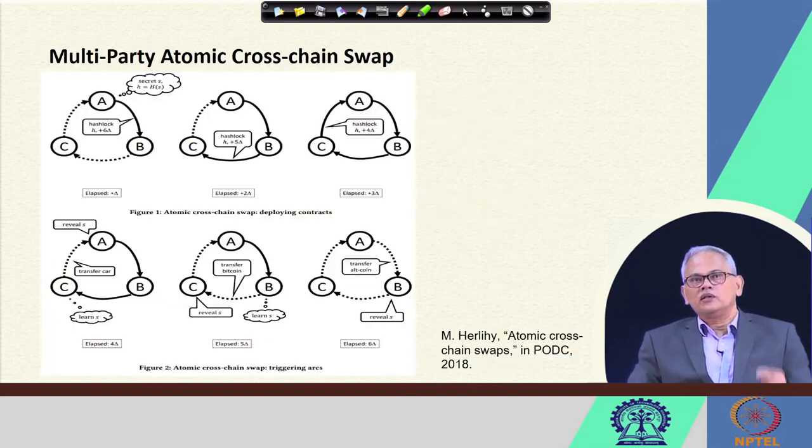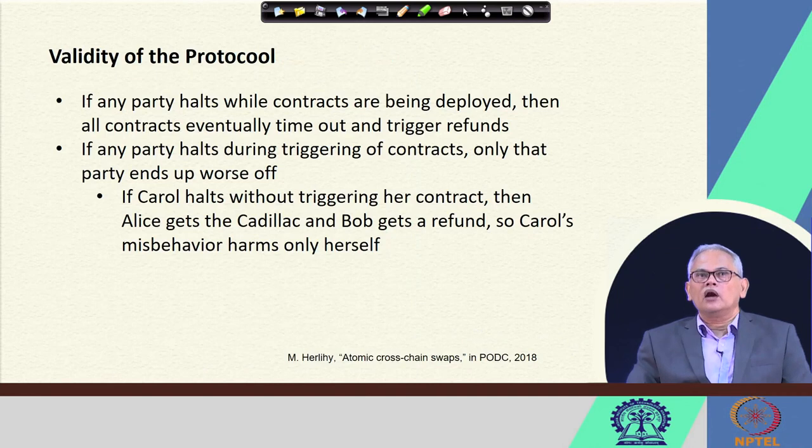That is when these contracts were getting created, in the upper diagram. In the lower diagram we see what happens after these contracts have been created, if some party halts. If any party halts during triggering of contracts, that means when the contracts are getting executed, only that party would end up worse off.